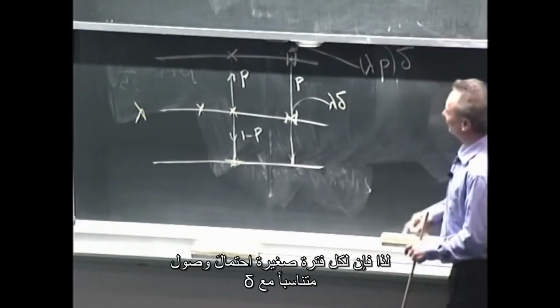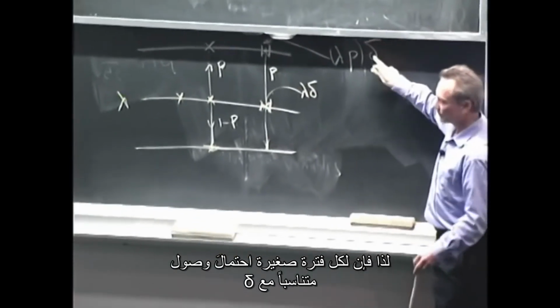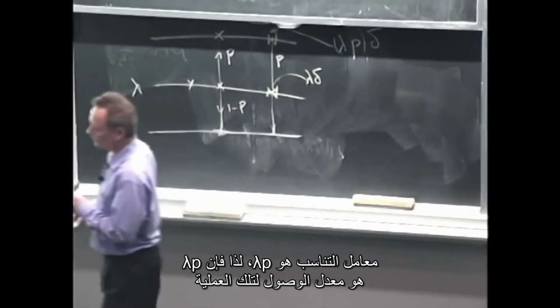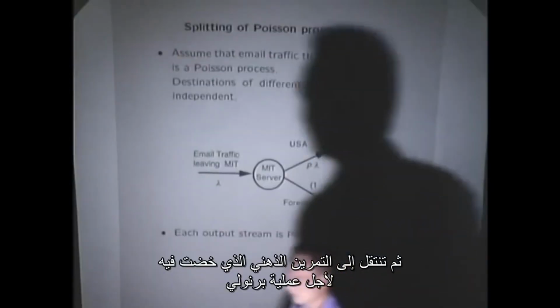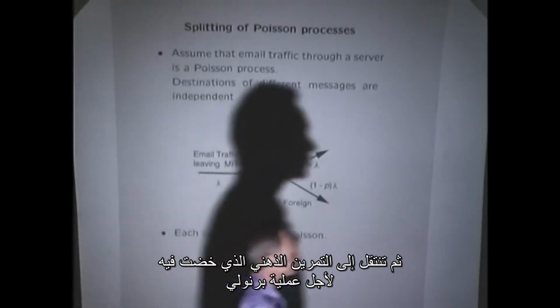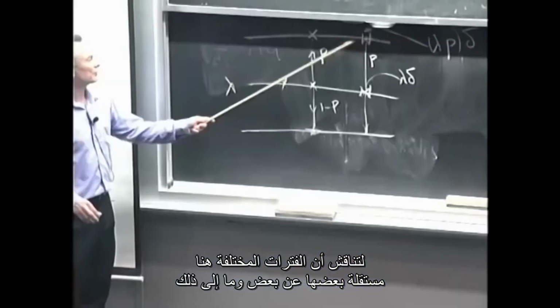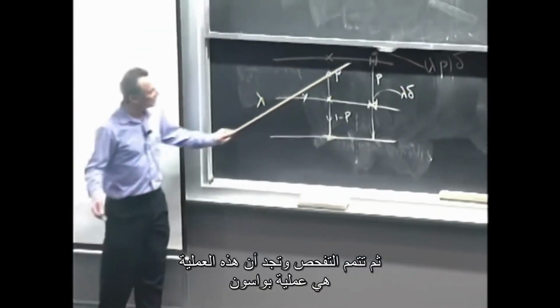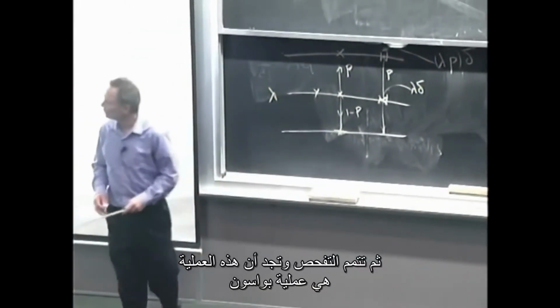So every little interval has a probability of an arrival proportional to delta. The proportionality factor is lambda p. So lambda p is the rate of that process. And then you go through the mental exercise that you went through for the Bernoulli process to argue that different intervals here are independent and so on. And that completes checking that this process is going to be a Poisson process.